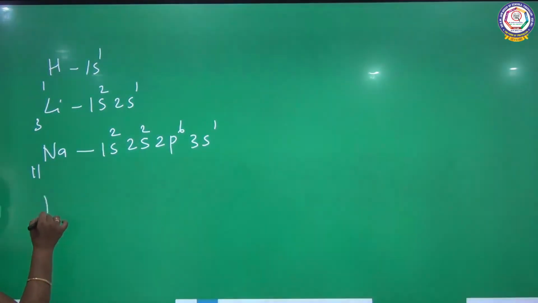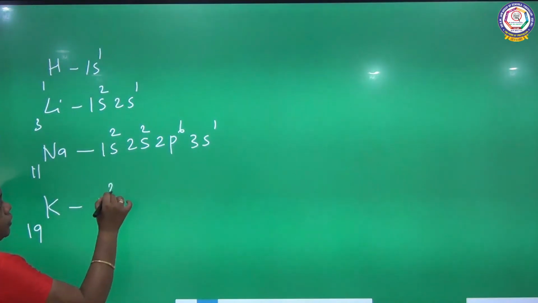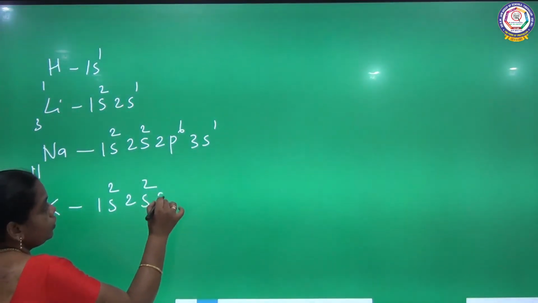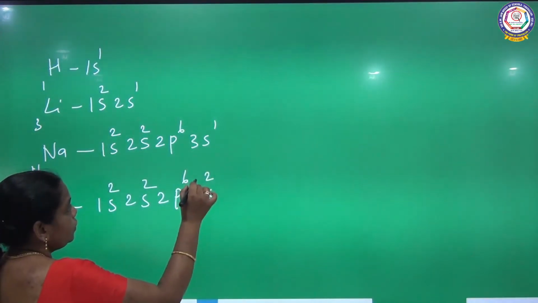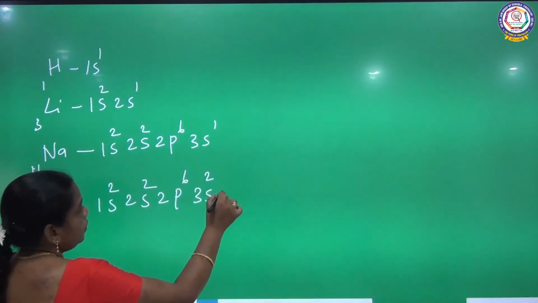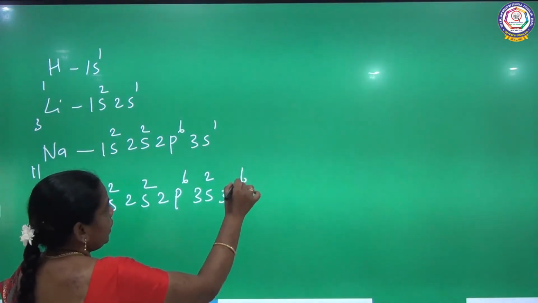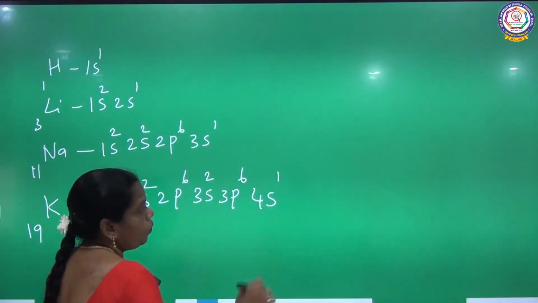Next, potassium. Potassium 19: 1s2, 2s2, 2p6, 3s2, 10, 12, 3p6, 18, then 4s1.